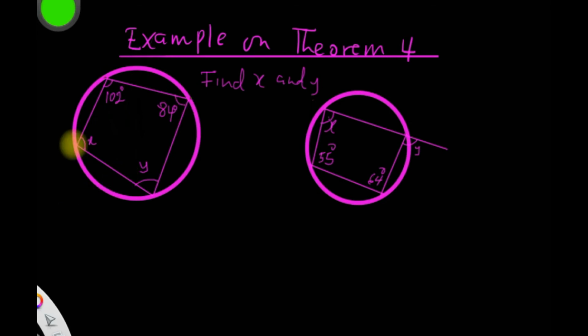So it means that this is a cyclic quadrilateral. And from the 4th theorem, you know that opposite angles in a cyclic quadrilateral add to 180 degrees.